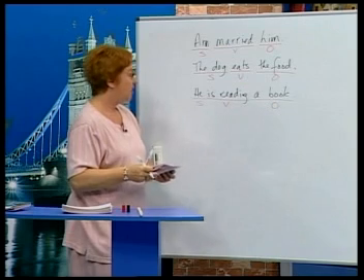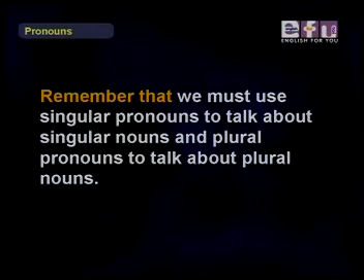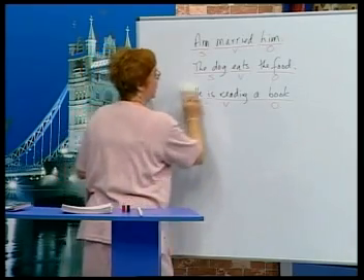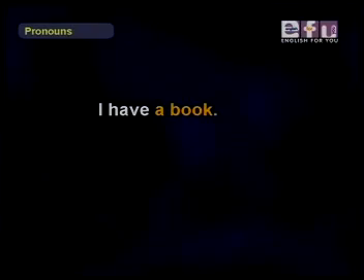Okay? Now, remember that we must use singular pronouns to talk about singular nouns and plural pronouns to talk about plural nouns. Now, let me show you some examples. Okay, I have a book.